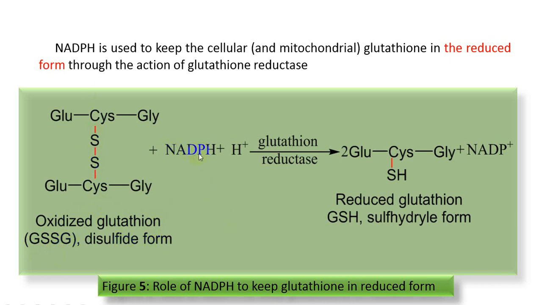In the presence of NADPH plus H plus and the glutathione reductase enzyme, very important, this oxidized form will be converted to the reduced form, reduced glutathione, GSH, from GSSG to GSH, or sulfhydryl form, and NADP plus. This is the first function of NADPH, to keep the glutathione in the reduced form.